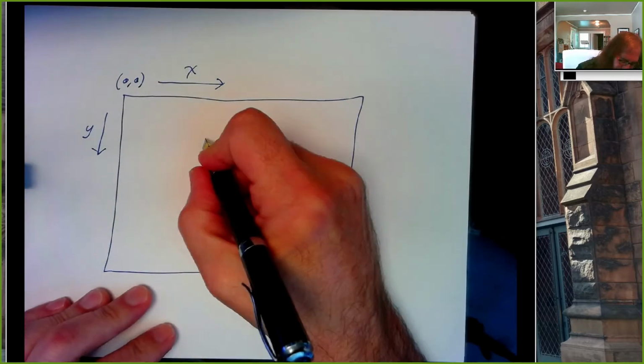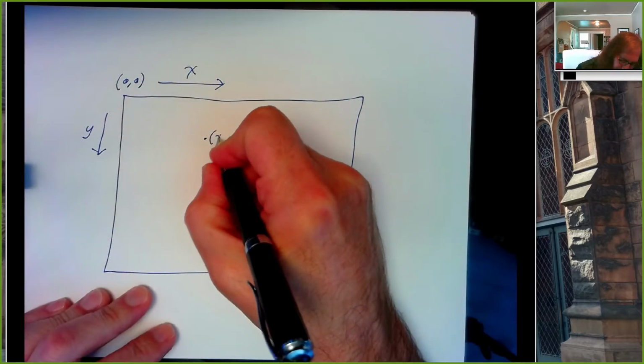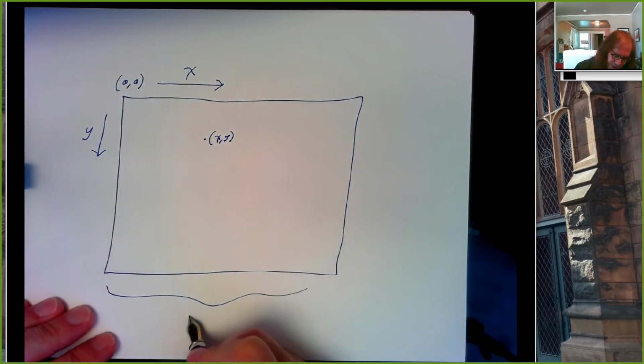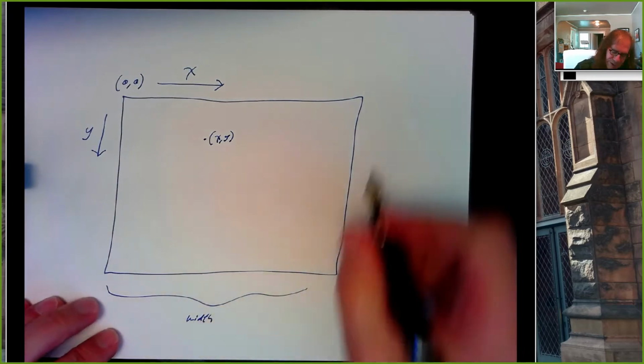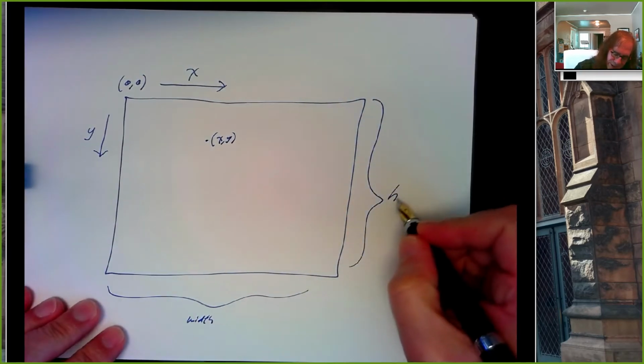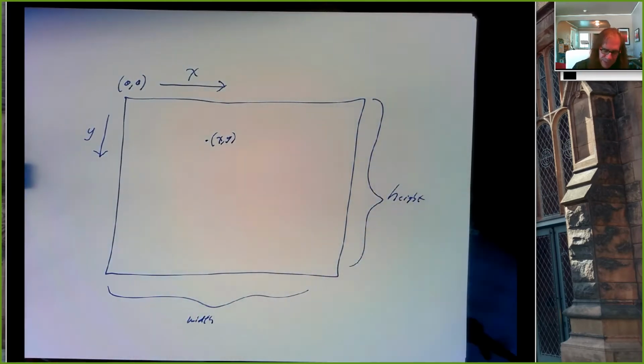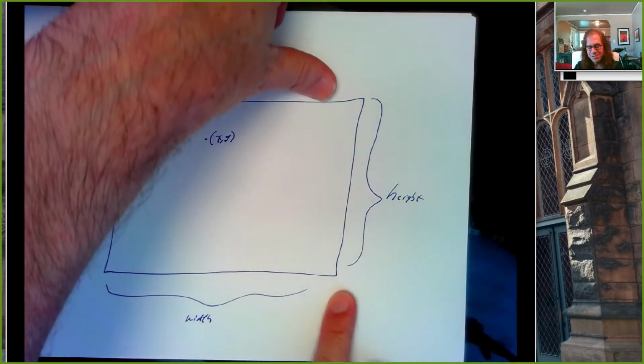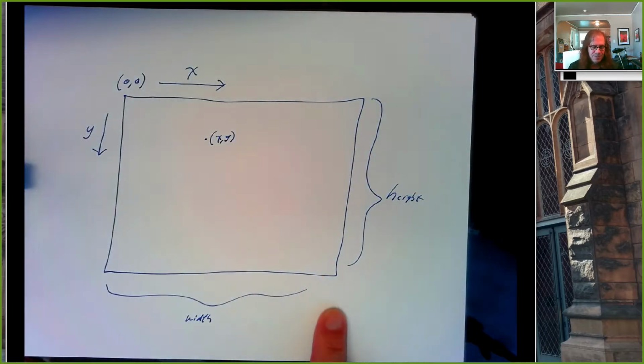And we can think of any point in here as having coordinates x, y. And there's some notion of what the width of our drawing area is and what the height is. And so x would basically vary from 0 to usually width minus 1, and y would vary from 0 to height minus 1, because we start from 0.